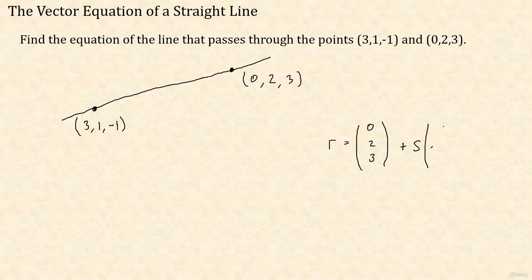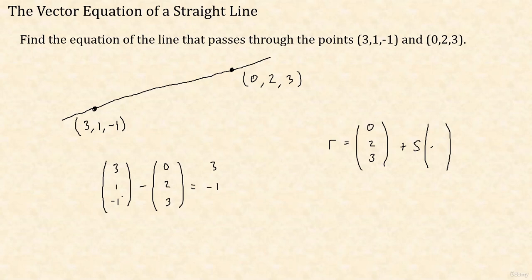I just need my direction vector now, which is in either direction, the vector which gets me from this point to this point, or indeed from this point to this point. So we can find that by doing one point minus the other point. So 3 minus 0 is 3, 1 minus 2 is -1, and -1 minus 3 is -4. And there's a direction vector.